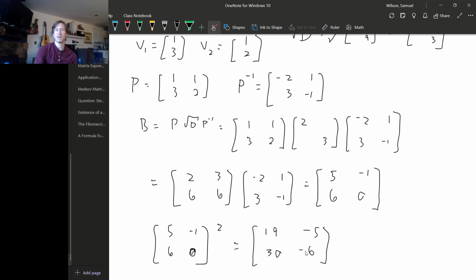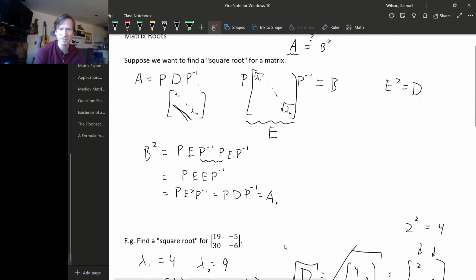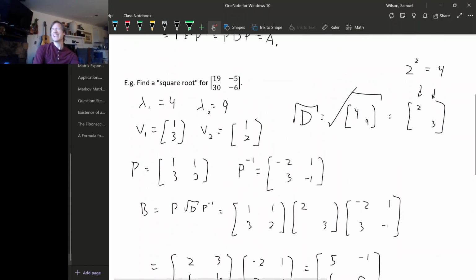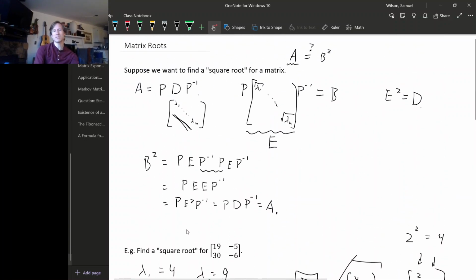With any luck, that's what we started with. 19, 30, -5, -6. It worked. So you can see that what diagonalizability lets you do is turn a lot of questions about matrices into questions about just the diagonal matrix that contains the eigenvalues of the matrix.